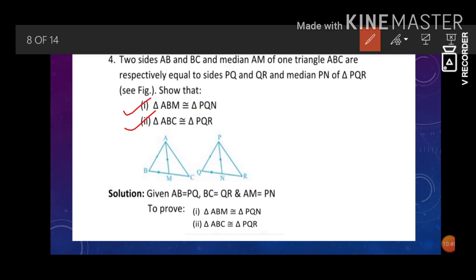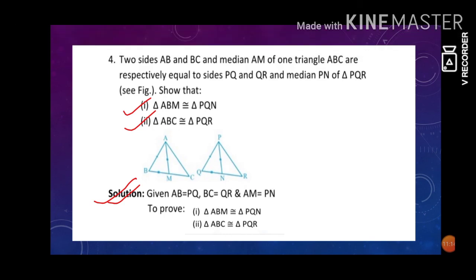So here it is given AB equals PQ, BC equals QR and the medians AM equals PN. We need to prove triangle ABM is congruent to triangle PQN and triangle ABC is congruent to triangle PQR.